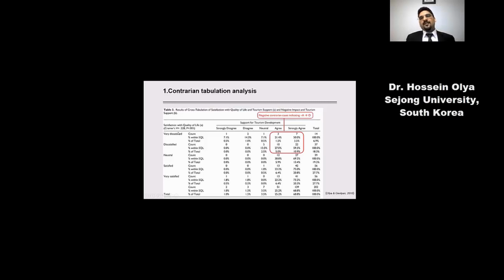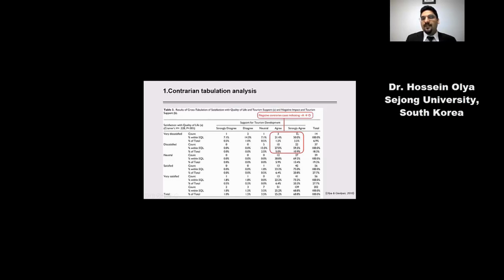All of you know that, based on social exchange theory, those who are satisfied with their quality of life most likely express more support for tourism development. But when we conducted a cross-tabulation analysis that shows us the contrarian cases, we found that there are some residents who are not satisfied with their quality of life, but still support tourism development in their locations.